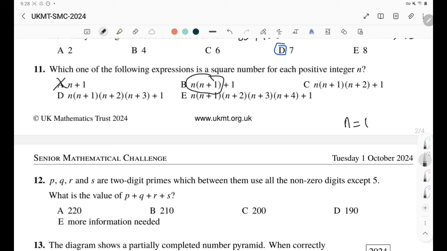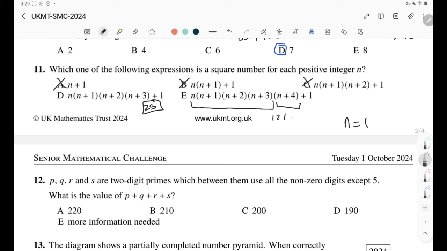Here, 1 times 2 is 2, 2 plus 1 is 3. We rule out B. Here, 1 times 2 times 3 is 6, plus 1 is 7. We rule that out. Now 1 times 2 times 3 times 4 is 24, plus 1 is 25. Nice, 25. Now for this one, we already calculated this is 24, this is 5, plus 1, so 120, 121.